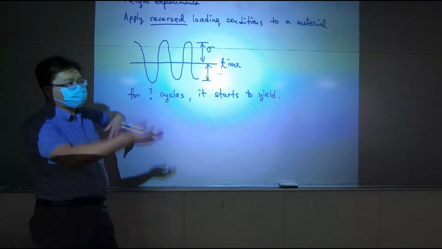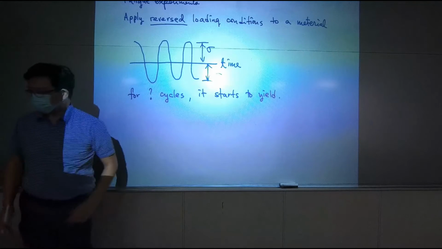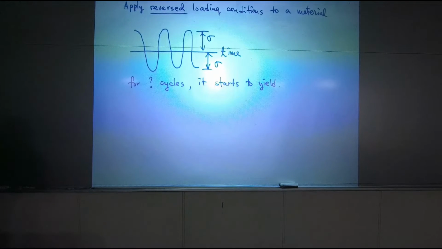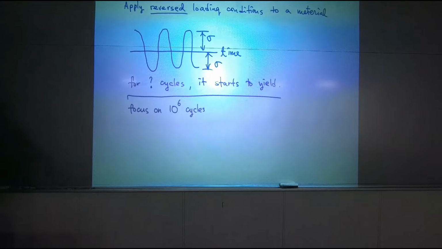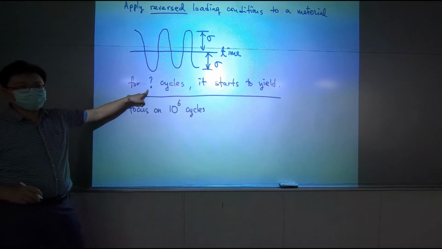There is another way to do this experiment. So what they did was focus on, for example, 10 to the power of 6 cycles. They decide not to find the number of cycles.